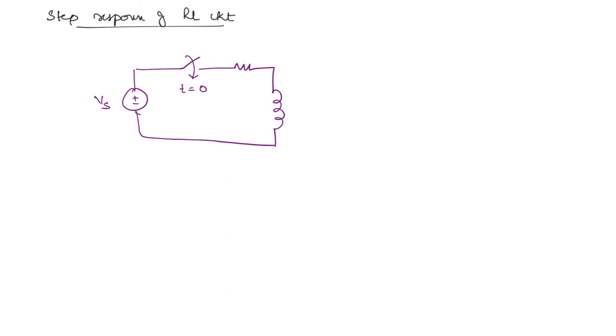Otherwise you can simply write here Vs u of t. I will draw it separately. This is R and L.